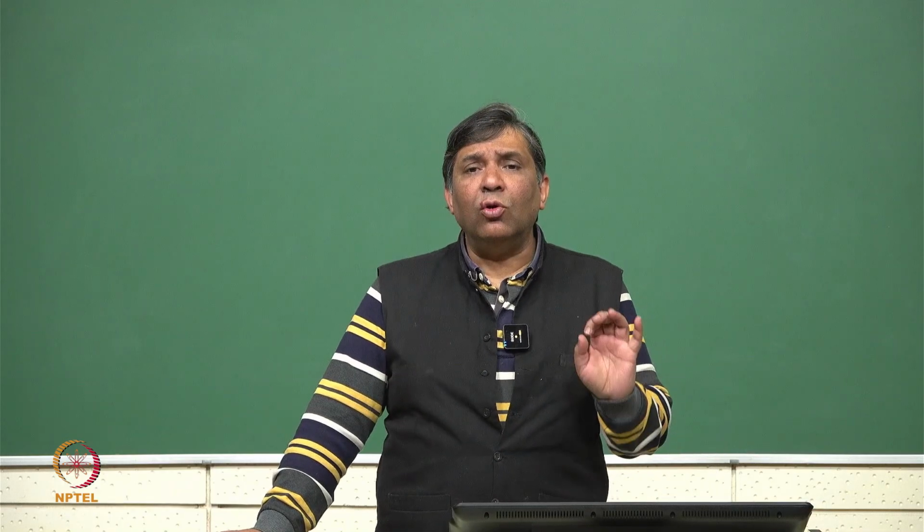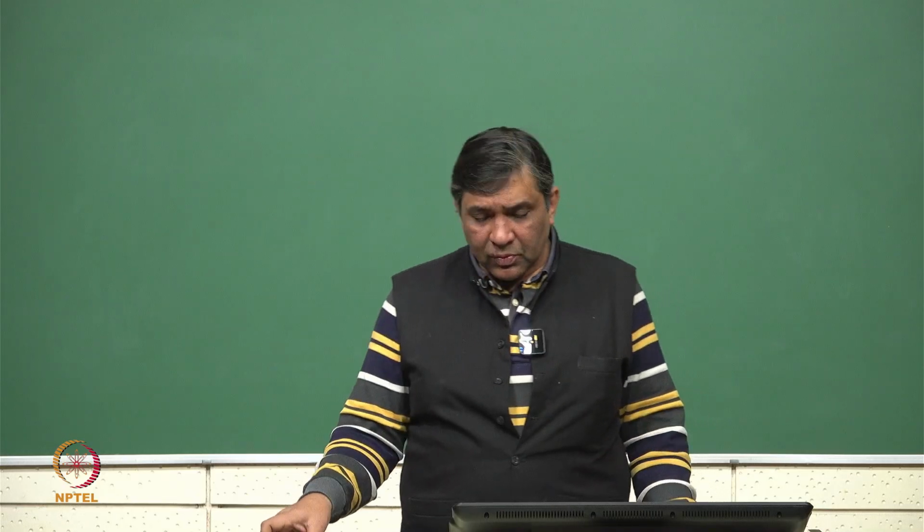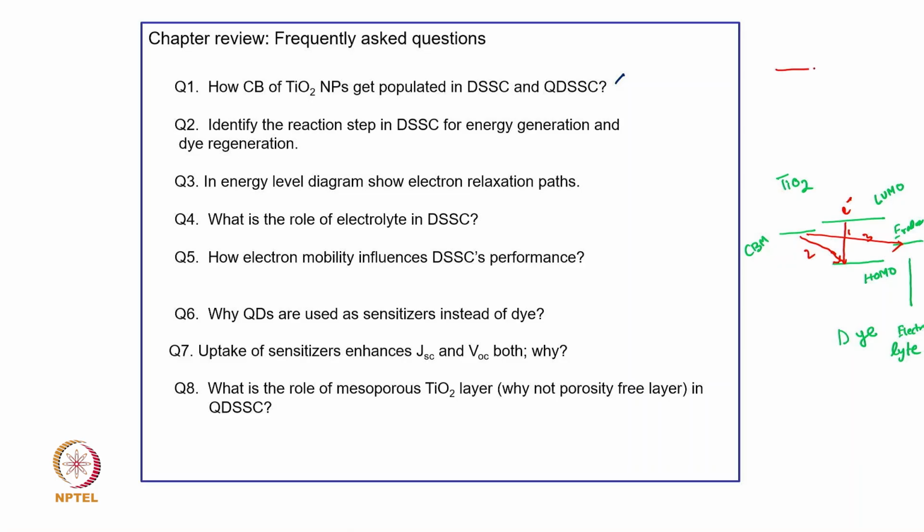But when we consider the open circuit voltage, this is the conduction band minima of TiO2, and the electron moves very fast, and this is the FTO which is connected. As the electron moves very fast, because its mobility is high, it actually depletes electrons from the conduction band.